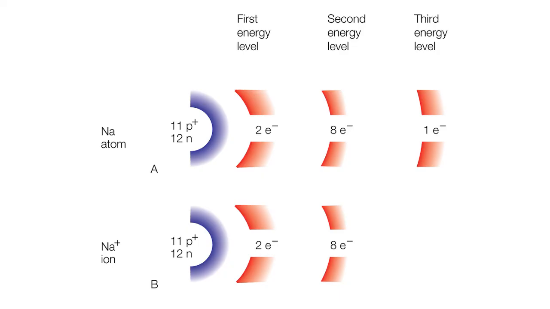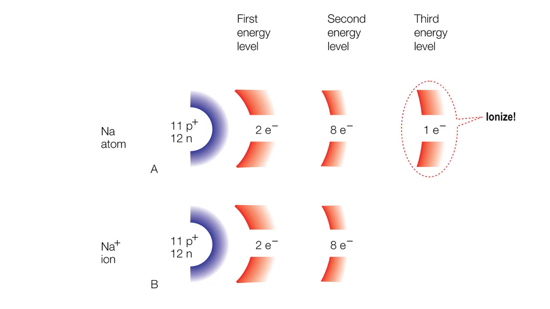Let's take a look at sodium. All right, now here's a comparison of the sodium atom that's neutral. It has 11 protons, 12 neutrons in the nucleus, and then it has 11 electrons, 2 in the first energy level, 8 in the second energy level, so the second energy level is full. And then the third energy level, it just has one pokey electron out, way out there, easy to steal, right? So let's steal it.